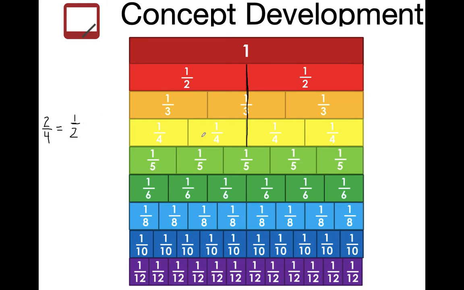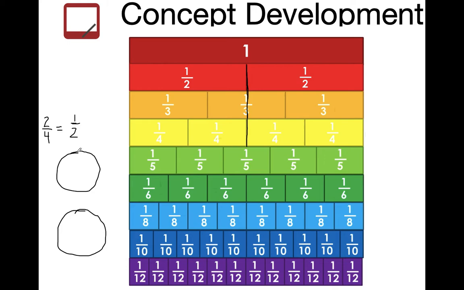Let me show you another way by drawing a picture. I'm going to draw pizza right over here on my side using 2/4 and 1/2. I have two pizzas of the exact same size.